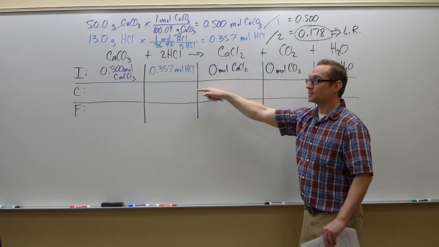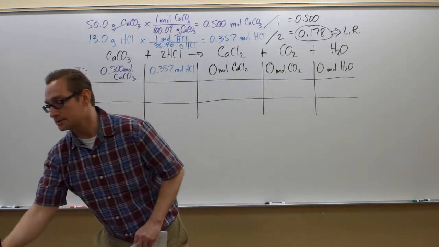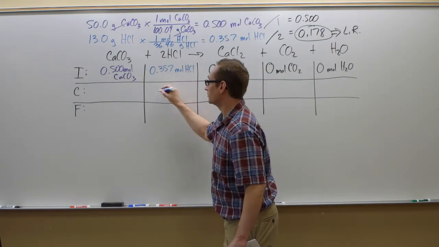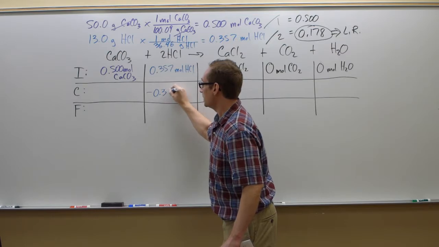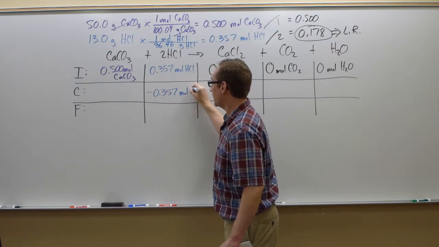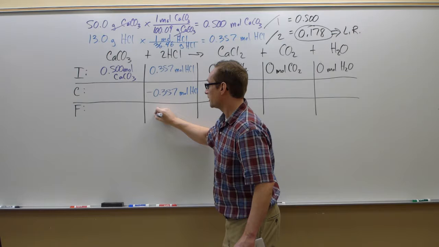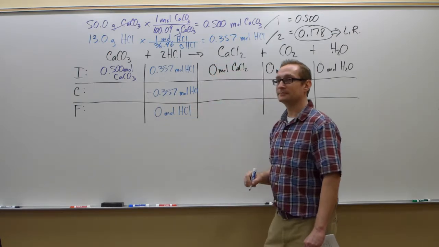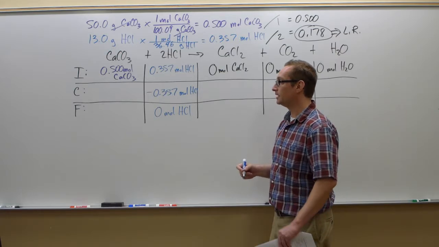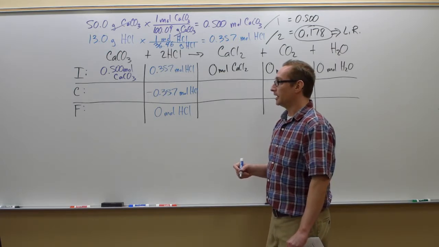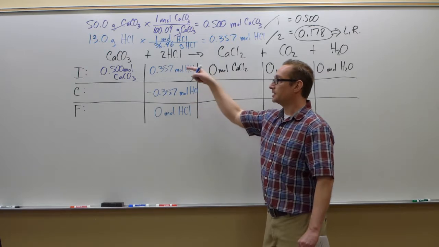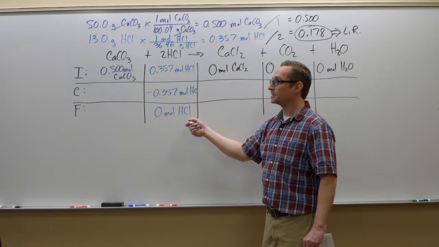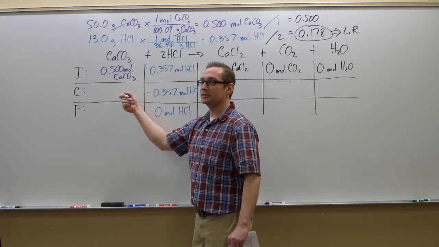So now that we know HCl is limiting, this allows me to do this. I know this is limiting. It runs out. So I'm going to subtract out all of my HCl moles from the initial, and I know I'm going to have 0 left. And here's something else I can do. Because the limiting reactant limits how much product I can make, it also limits how much other reactant I lose.